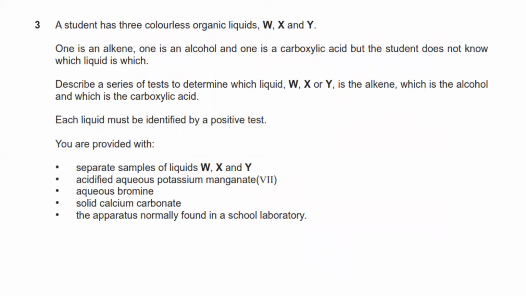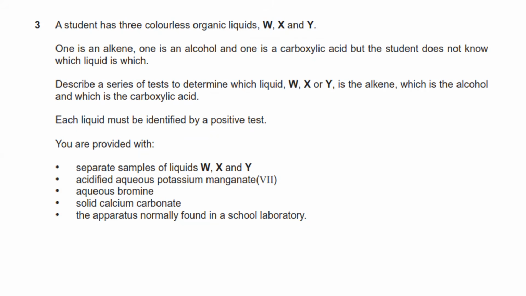So moving ahead, question number 3 says the student has 3 colorless organic liquids W, X, and Y. One is an alkene, one is an alcohol, and one is a carboxylic acid. But the student does not know which liquid is which. Describe a series of tests to determine which liquid is which.